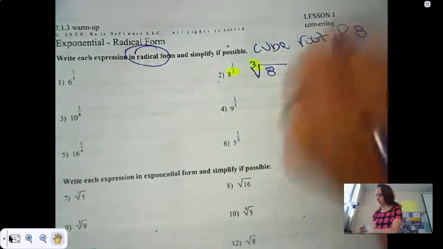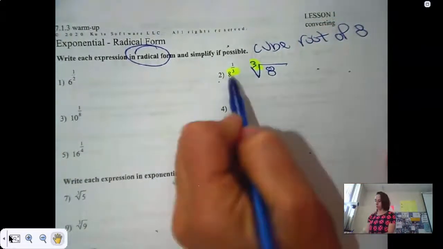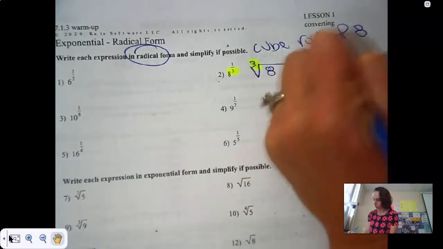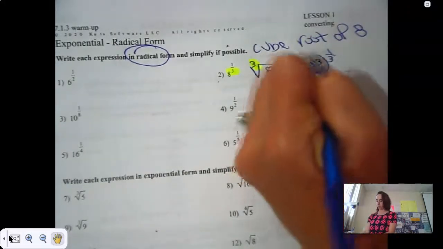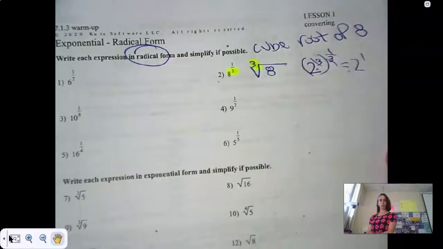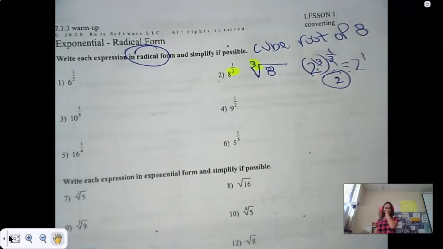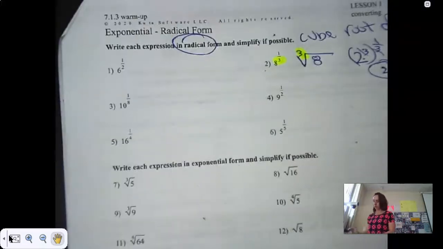Cube root of 8. Now, if I was to rewrite this, I could rewrite this as 2 cubed to the 1/3, which is 2 to the 1st, and 2 to the 1st is 2. So if you can simplify it, I need you to simplify it. If you can't simplify it, then you won't. Okay? I'll do one more.